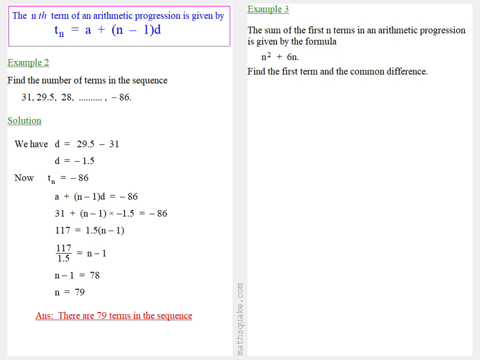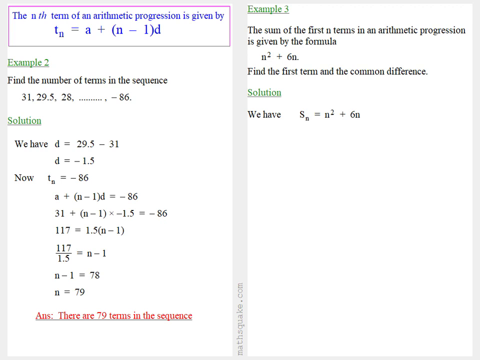Let's look at a third example. The sum of the first n terms in an arithmetic progression is given by the formula n squared plus 6n. Find the first term and the common difference. To solve this, we have that Sn is equal to n squared plus 6n.